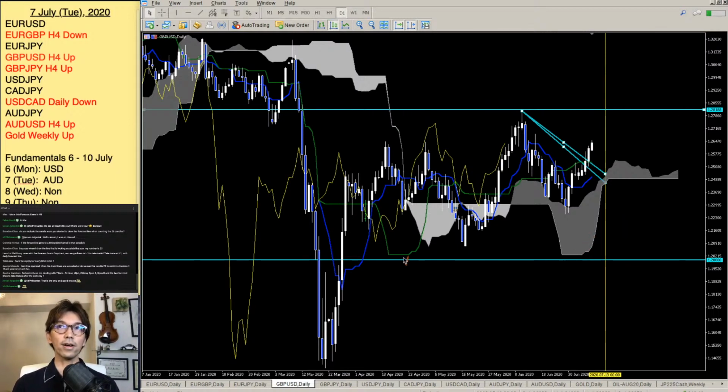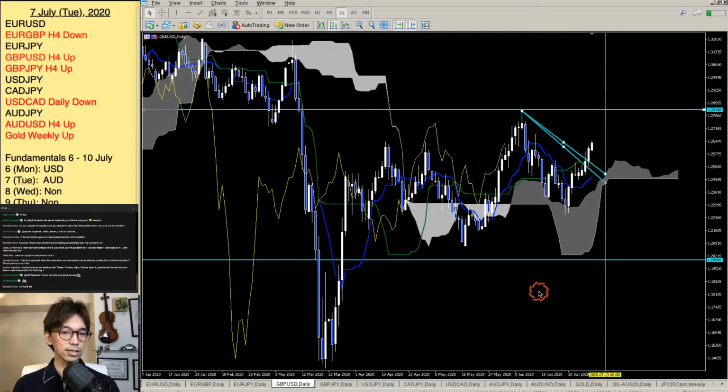In a daily chart overall, Kumo is flat and Kijun-sen is flat. So this is ranging, right? There is no trend in a daily chart, but if you go down to the 1-hour chart, you might see the uptrend. But before moving on to the 1-hour chart, you have to make sure that the current price is above the forecast lines.